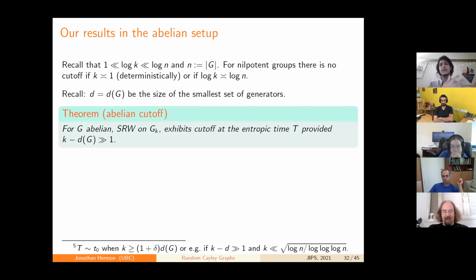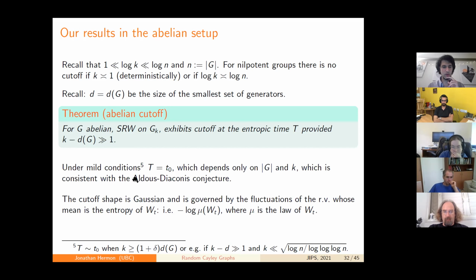And again, this is the dimension. So the result is as stated before. There is cutoff at the entropic time that I just defined whenever the number of generators minus the dimension diverges. So under very mild conditions, typically this entropic time is just T0.